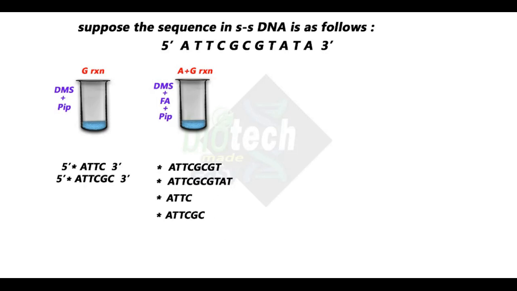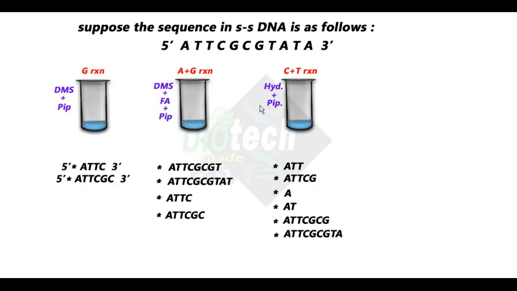Similarly, in the third tube also, the reaction chemicals are different, and it is C plus T reaction. So this will break the DNA at C, wherever there is C. So at these 2 points the breakage will be there, and wherever there is T. T is present at this point, at this point, at this point, and at this point.